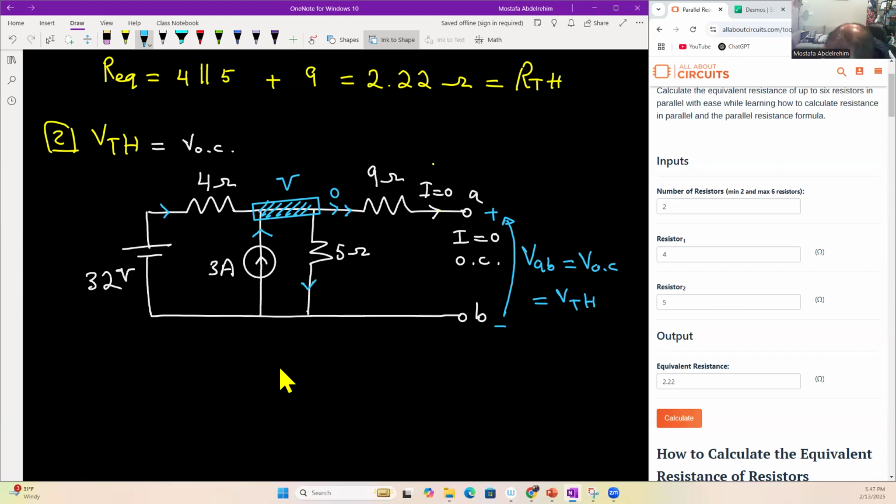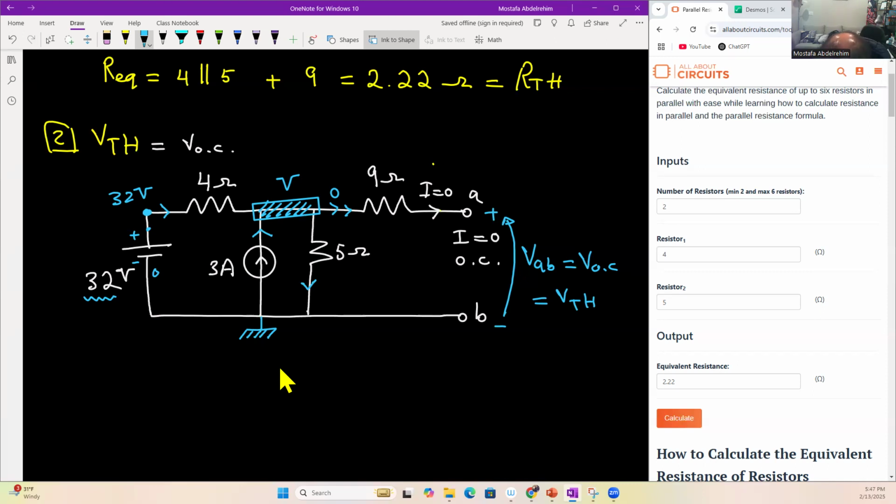So what is the current in the 4 ohm resistor? If this is ground, and it is ground, it's given in the question, then this point here will be 32 volt. Again, this is a battery. What does the battery do? It raises its positive terminal above the negative terminal by the amount of the battery. The negative terminal has 0 voltage, so the positive terminal should have 32 volt.